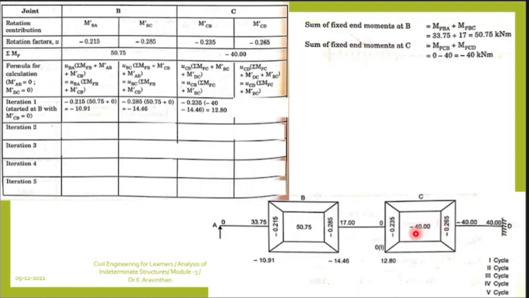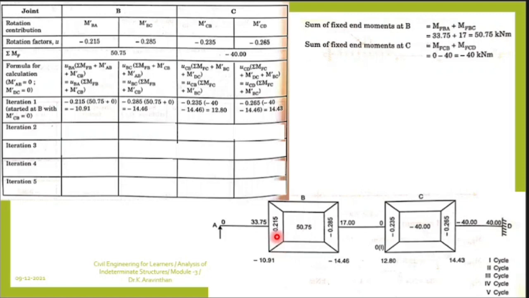You have to multiply rotation factor minus 0.265 into 40, that is minus 40 plus 12.8 into minus 0.285, that is 14.43. So first cycle of iteration is over. How to start the second cycle?